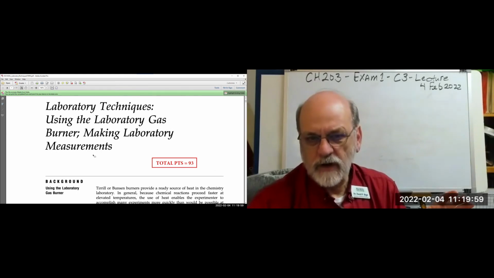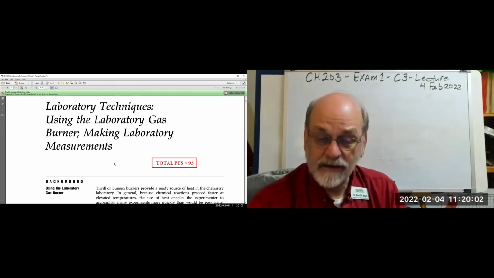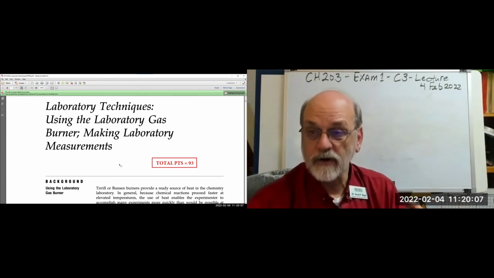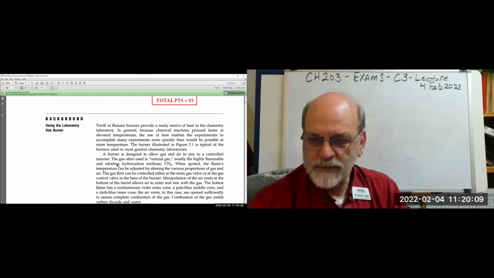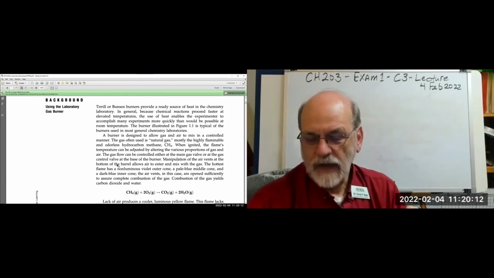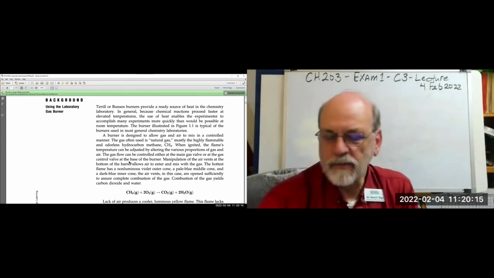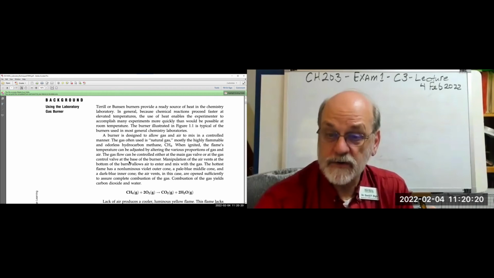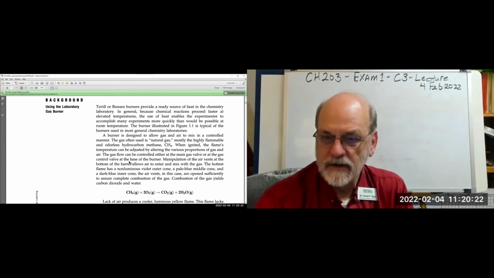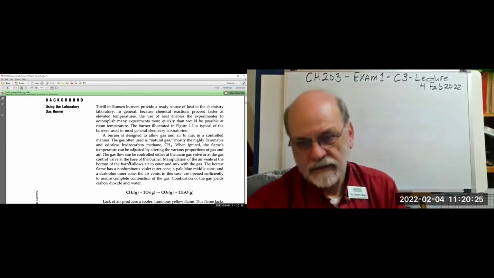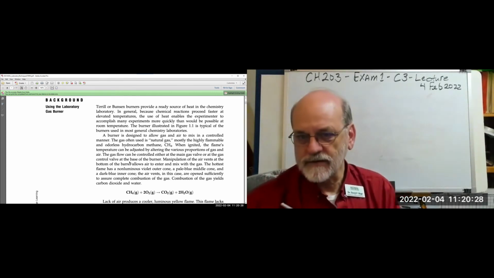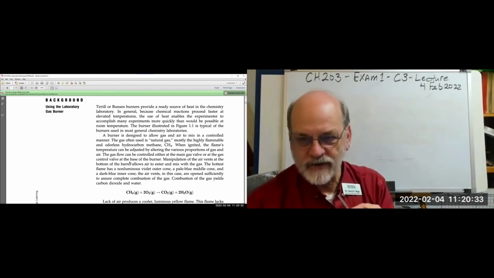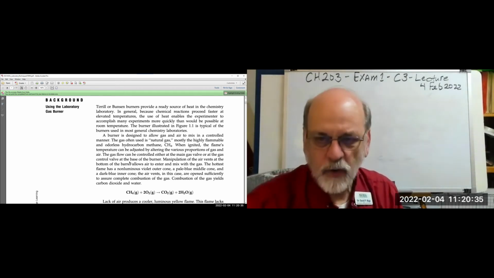We look at various things, making measurements, using a gas burner, a Bunsen burner safely, those types of things. I will say that that's probably not the most hazardous, but one of the most hazardous things that you use in a lab is an open flame, because all you need is something that needs a little kick, and you can have a catastrophe in your lab pretty quickly.